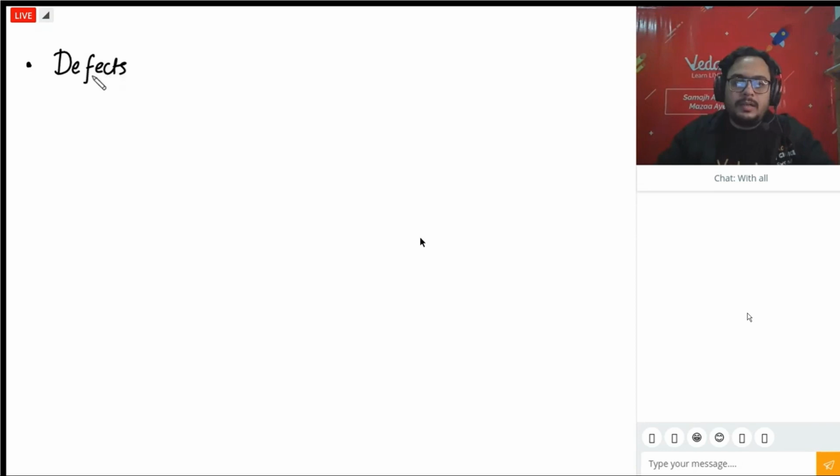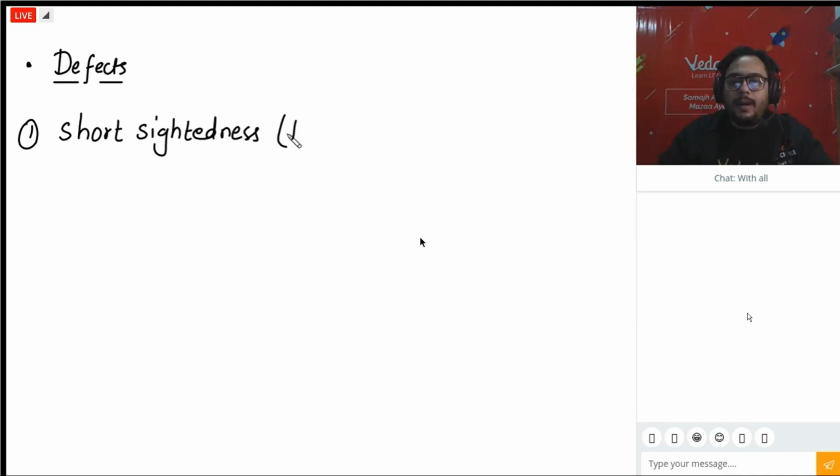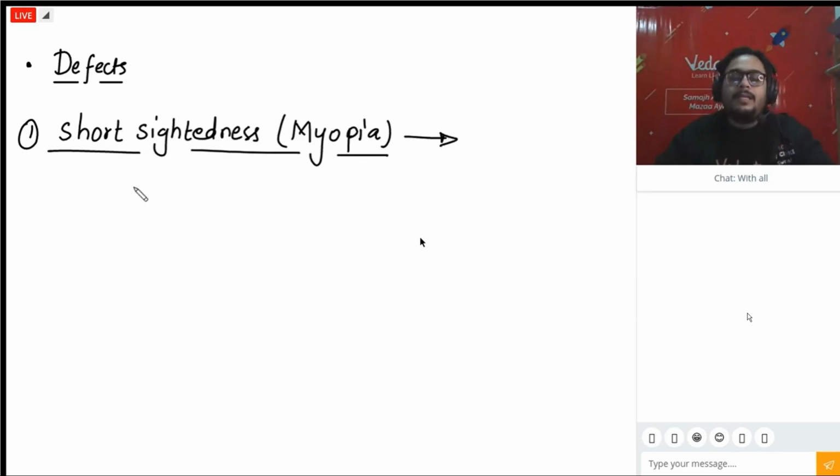The first defect that we study is called short-sightedness, or myopia. Very good, everyone. This is like a repeat telecast from class 10th. What happens in myopia?